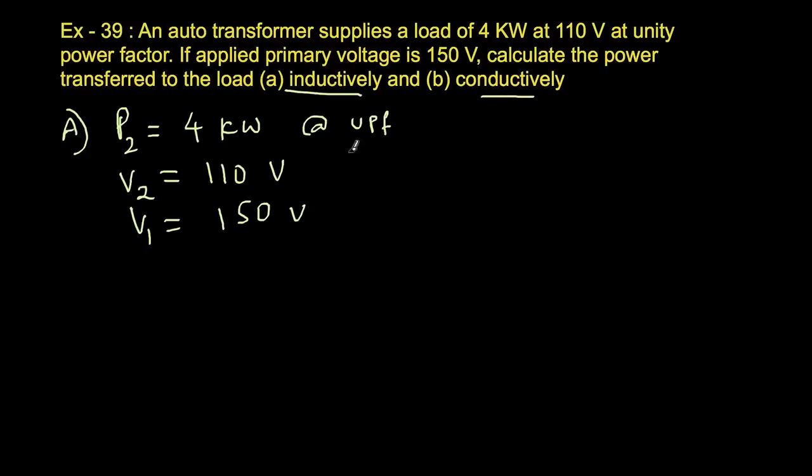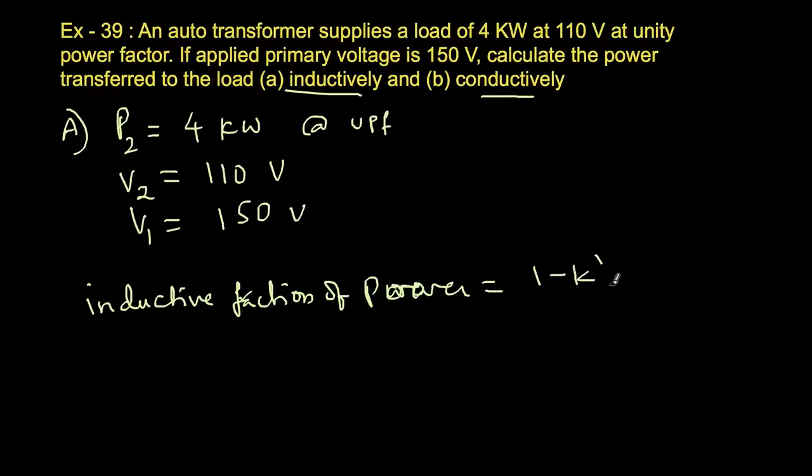So the power is transferring from the primary side to the secondary side. Some part is going inductively and the other part is going conductively. How do you calculate this? It can be shown that the inductive fraction of power is nothing but 1 minus K multiplied by P1, the input power.